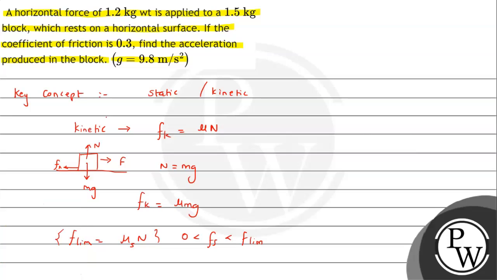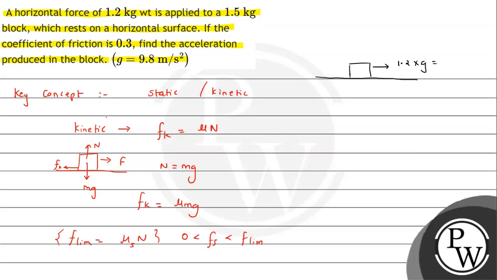अब यहाँ पे this is the block that has been given to us, और इसका weight भी हमें given है 1.5 kg, और इसके ऊपर एक force लग रहा है. It has been given a horizontal force of 1.2 kg weight, यानी कि 1.2 into g force लग रहा है इसके ऊपर, ठीक है?